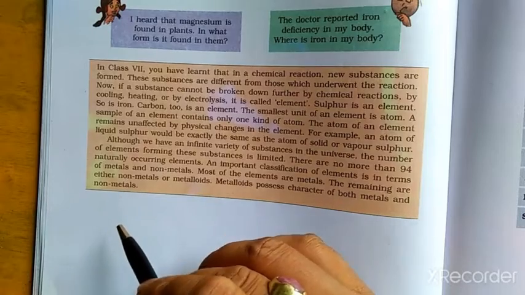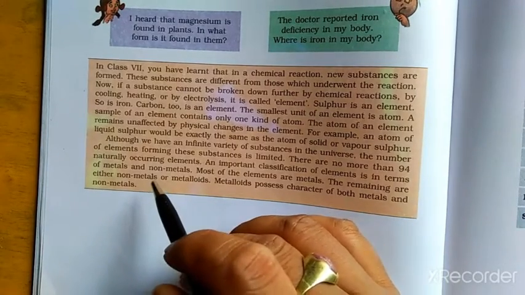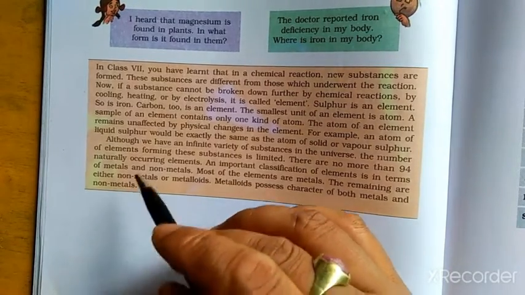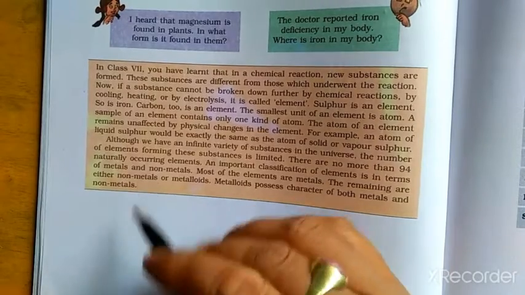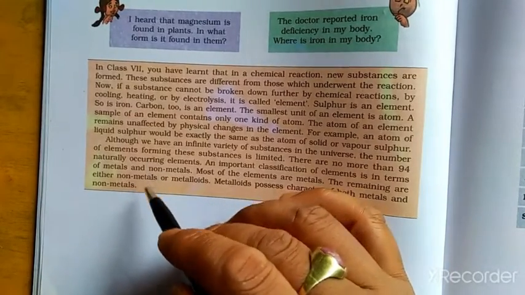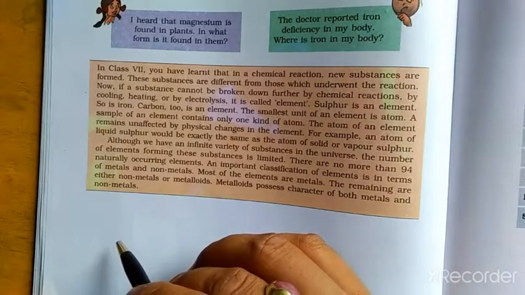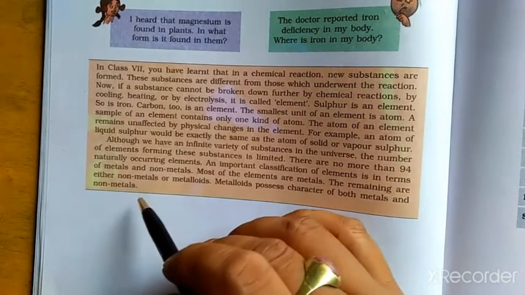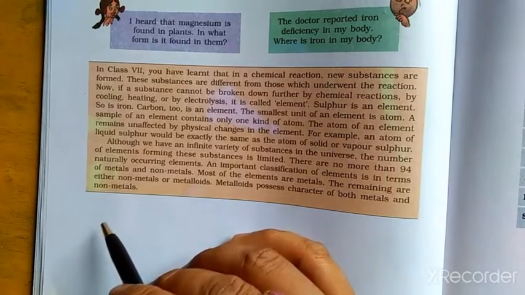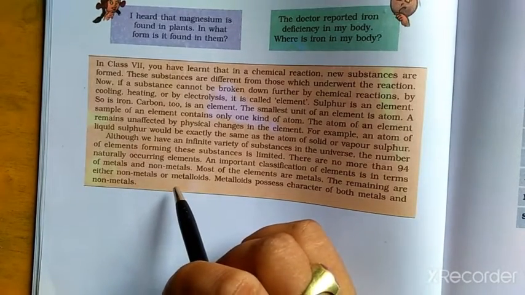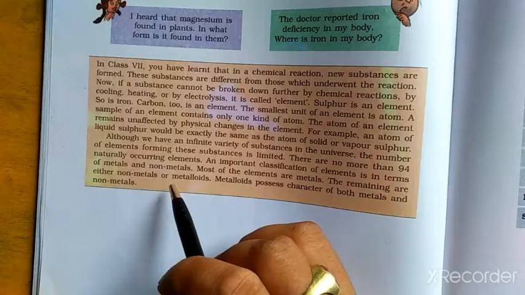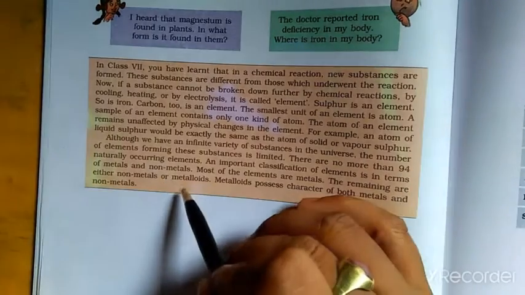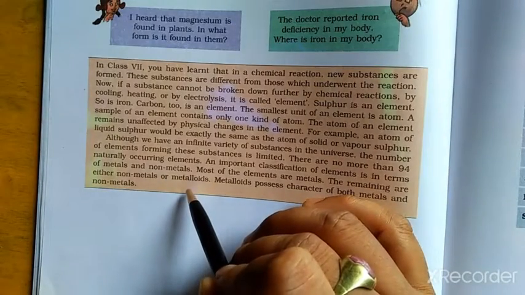Some properties of metals are that they are good conductors of electricity. They are sonorous, and ductility and malleability are there. Whereas in non-metals, these properties are not there. And metalloids are also elements.